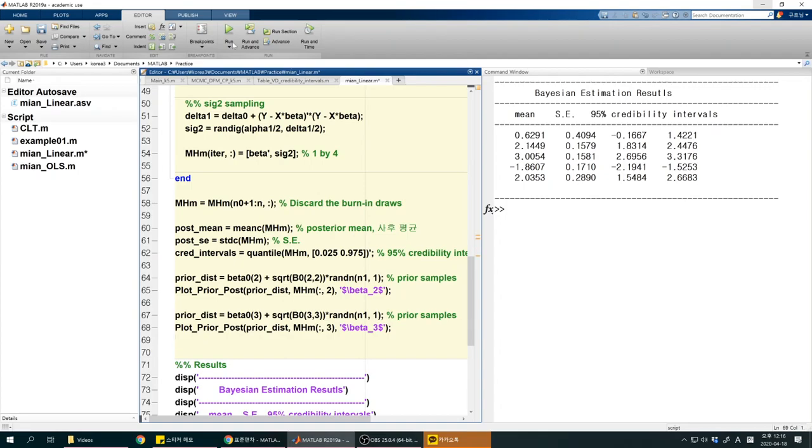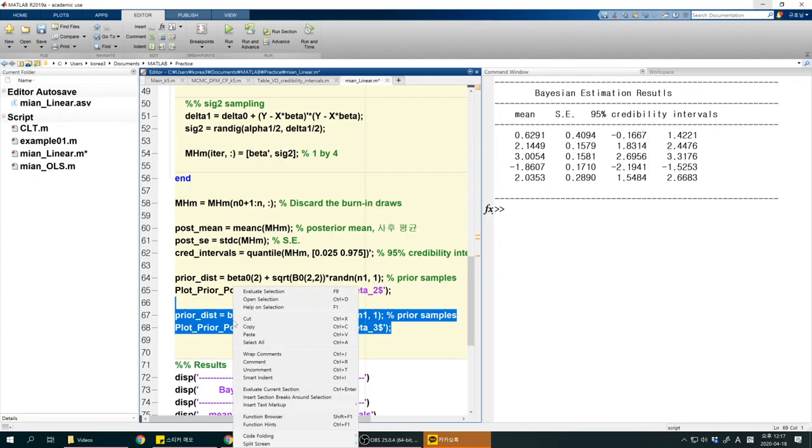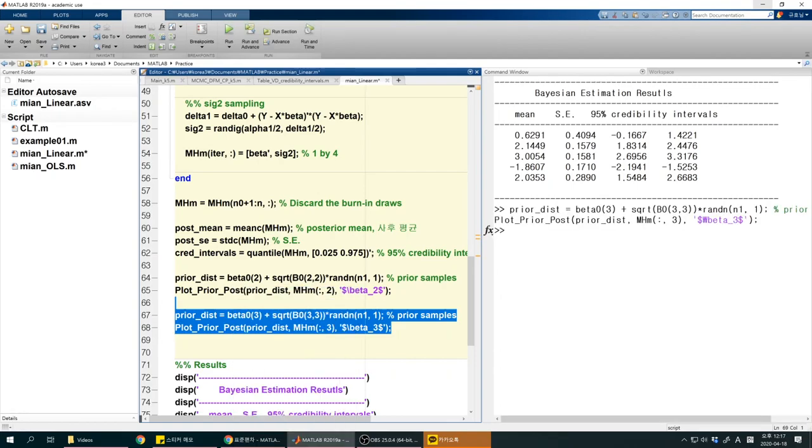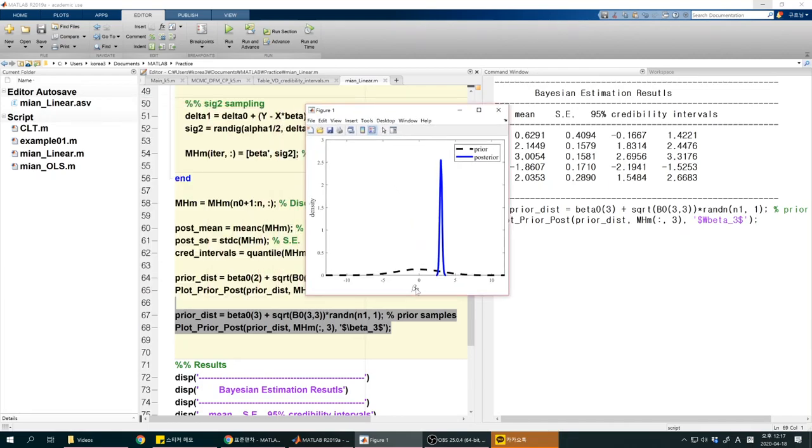You don't have to run the whole code again. Just designate this area and press the right button. You see that, evaluate selection or F9, and click this. Then we have this other figure for beta 3.